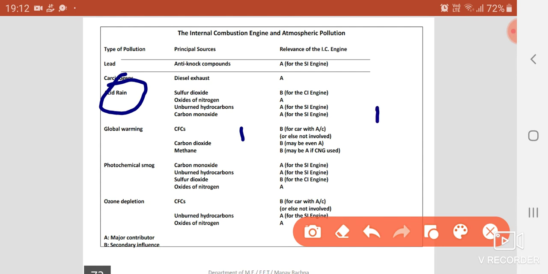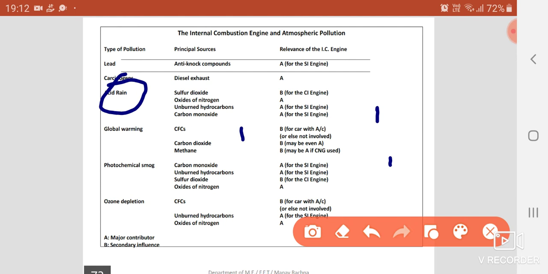You can see, sulfur dioxide is a secondary contributor or secondary influence for CI engines. Oxides of nitrogen is a primary influence. Unburnt hydrocarbons, again a primary contributor, and this is for SI engines. That is why in a car, the total combustion is very important.